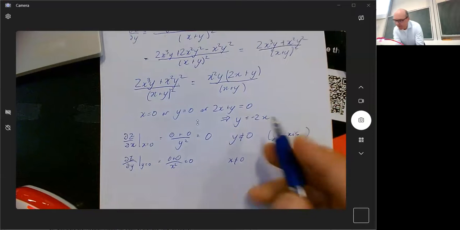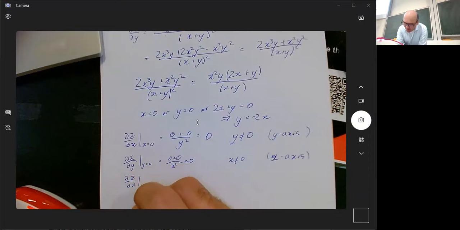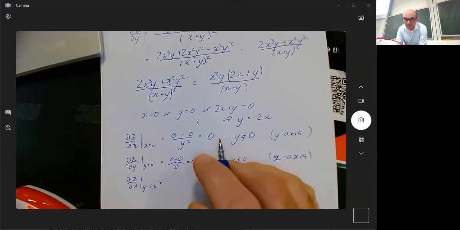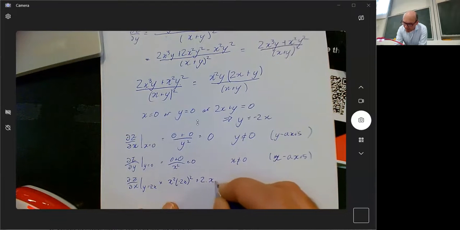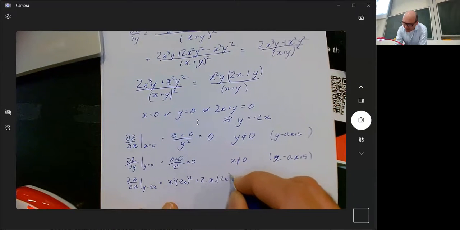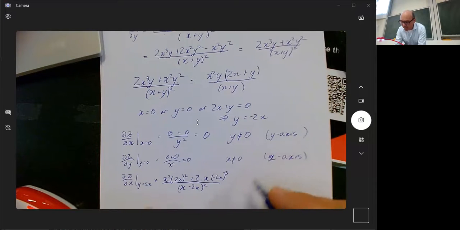All right. So now if I put in this other constraint, so if I do dz on dx evaluated when y is equal to 2 minus 2x. All right, this is a horrible thing. So I'm going to go x squared by minus 2x whole squared plus 2 times x times minus 2x cubed on x minus 2x whole squared. Well, there's a lot of x's.